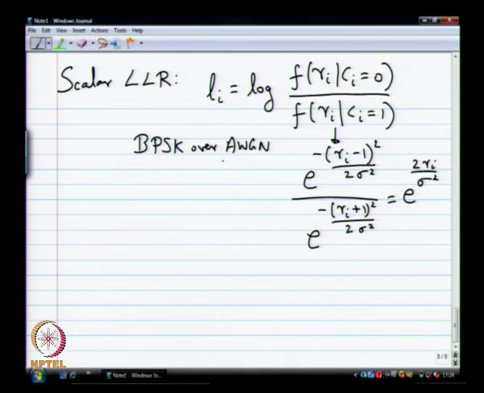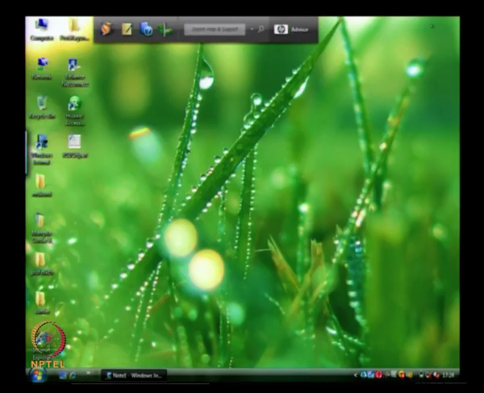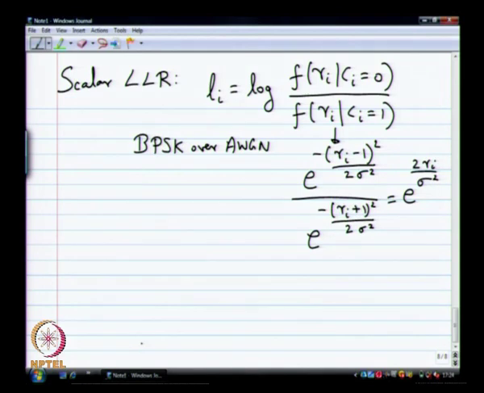For BPSK over AWGN, I am not able to write suddenly. Let me try once again. It is not working. The mouse seems to be working, but did somebody do something here?